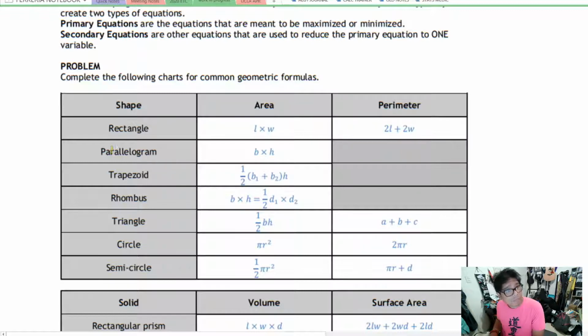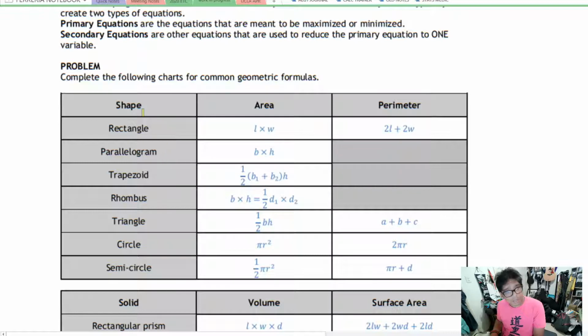If you have a parallelogram, the area is the base times the height, and that's the perpendicular height. One that we use a lot in calculus is the area of a trapezoid, 1/2 b1 plus b2 multiplied by the height. So I'll just pause it here, and you can notate these if you already know these. Pause it now and copy those down.